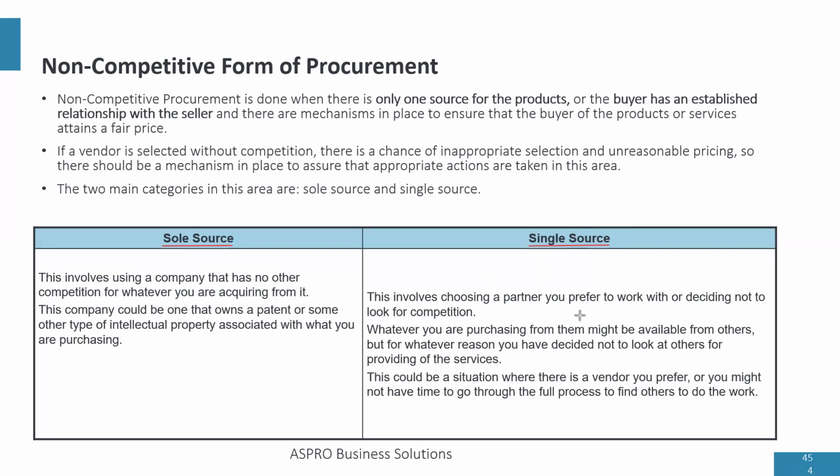Single source can also happen where you just prefer to work with a vendor. Their work is so sound that you don't have any reason to change the vendor. And that is single source. Now, some companies have policies against single source, right? Because sometimes it might look like it's not fair. But anyway, life is not fair.